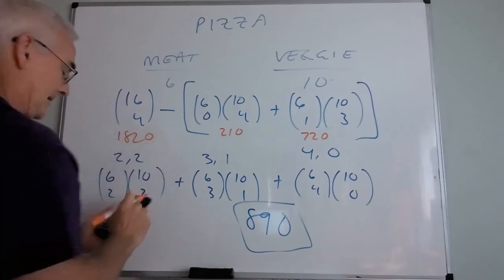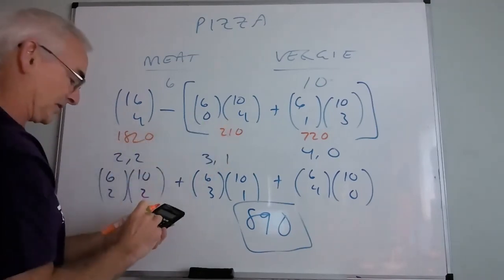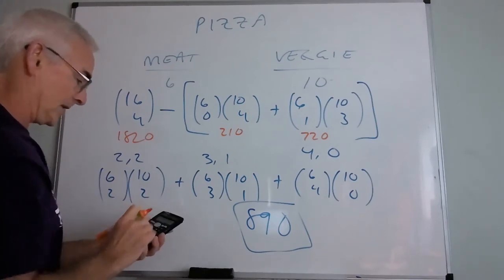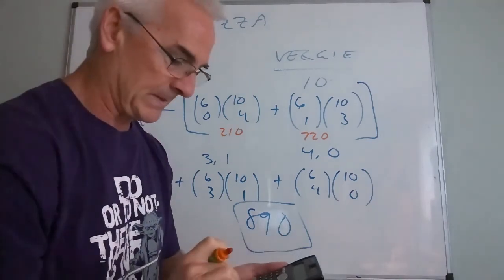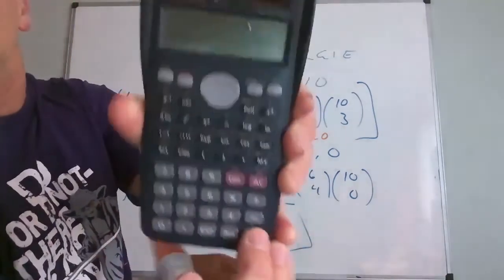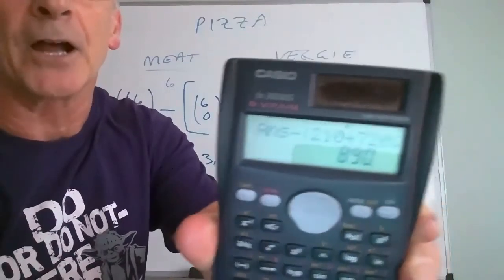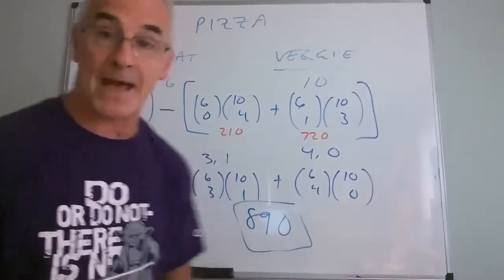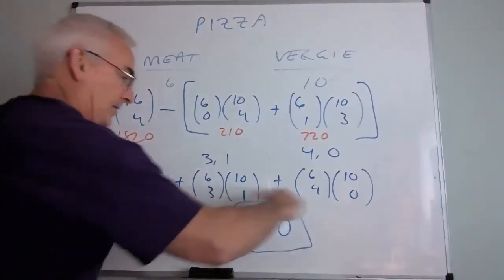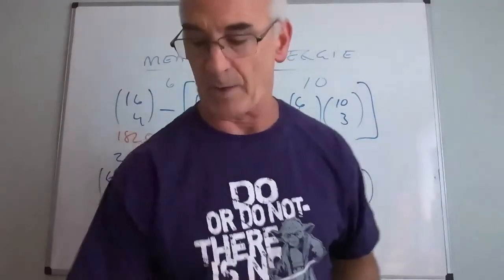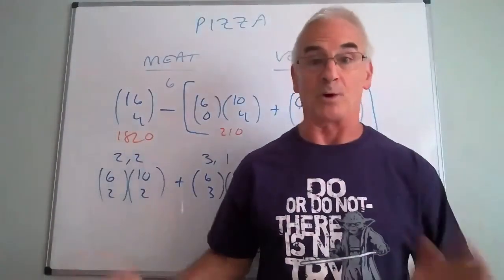So if I said 1820 minus the sum of 210 and 720, and I hit my handy dandy calculator, it says 890. It would not have mattered if I did it this way or I did it this way. I get the same answer because I'm looking at the problem correctly, but from 2 points of view.